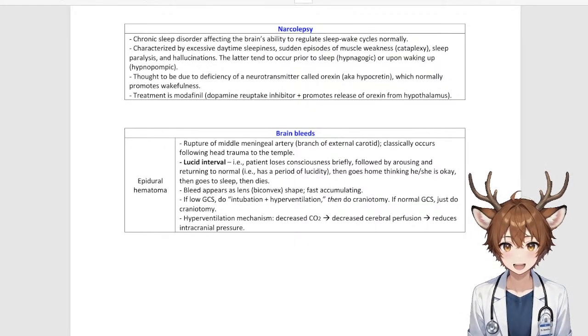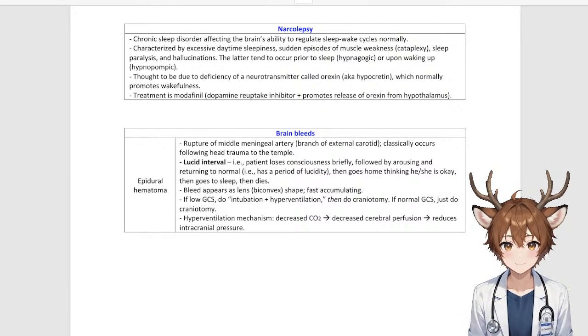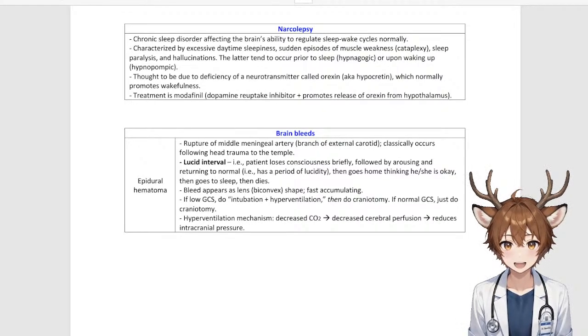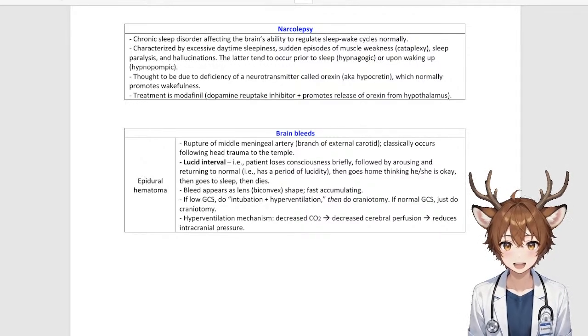If you have low GCS, do intubation plus hyperventilation, then do craniotomy. If the Glasgow Coma Scale is normal, just do craniotomy. Hyperventilation mechanism: decreases the CO2, decreases the cerebral perfusion, reduces the intracranial pressure. Oh, that's interesting.